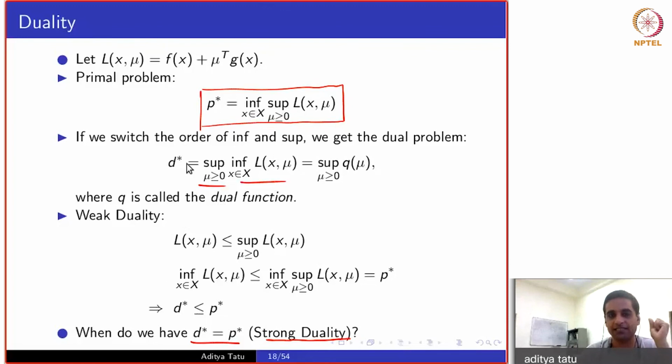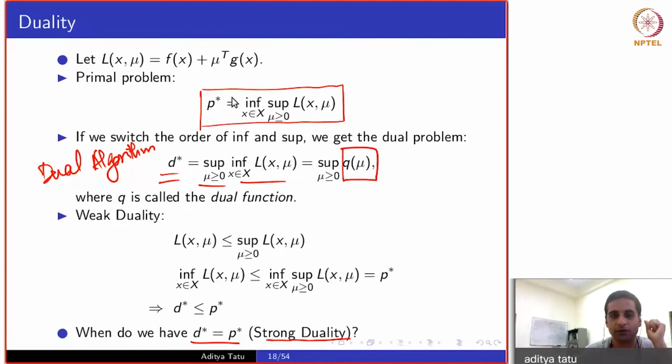Any algorithm that attacks this is usually called a dual algorithm. Also I hope you note what sort of a function q(mu) is.